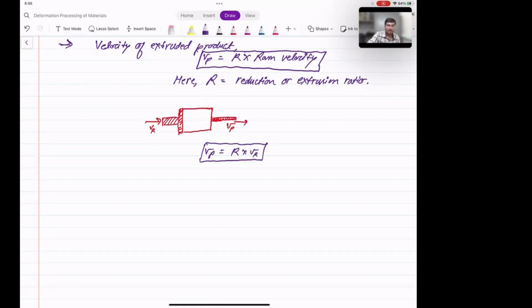Now let us see the variation of extrusion pressure with the ram travel, how it varies. And it will be an important parameter in case of extrusion. So the extrusion pressure is basically defined as the extrusion load applied divided by the cross-sectional area of the billet.